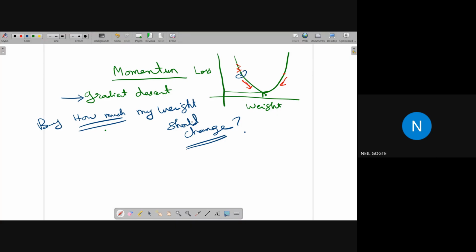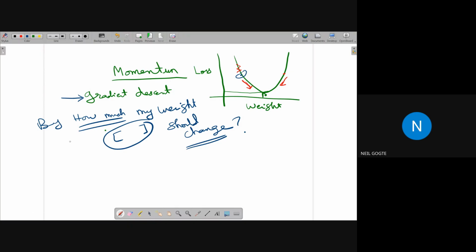Now, the way the quantum of weight change should be decided, is it the current batch alone which should influence the weight change? The weight change should be influenced by the current batch that I have processed, for sure.